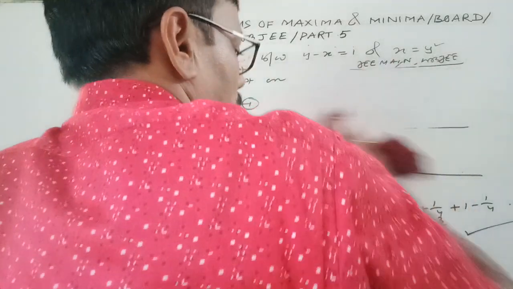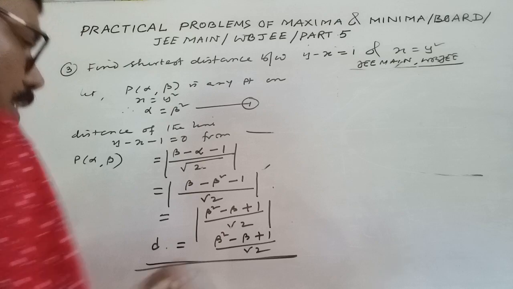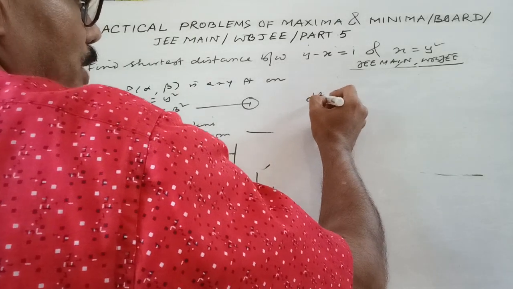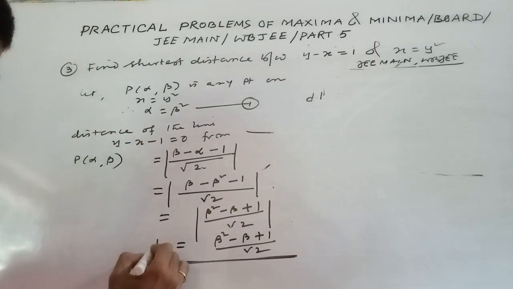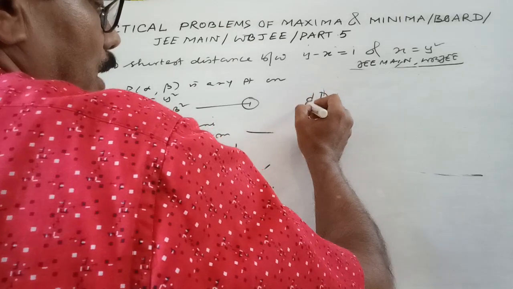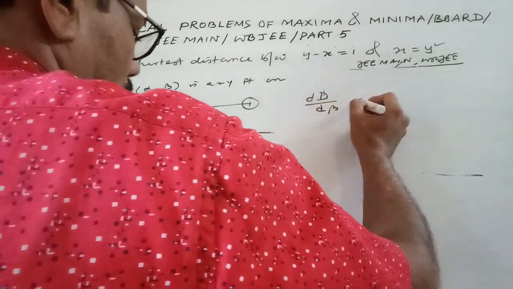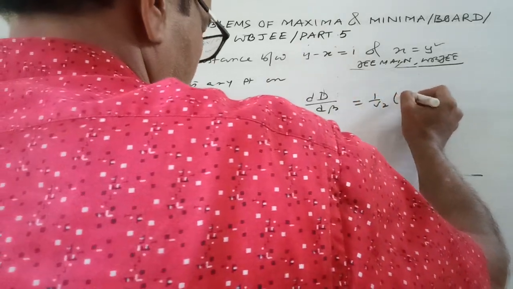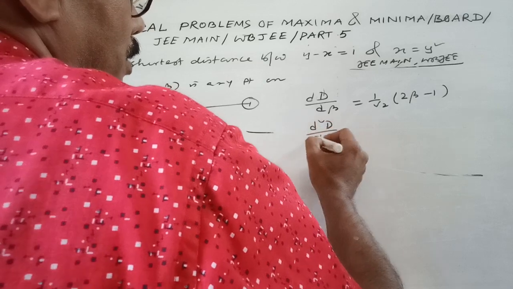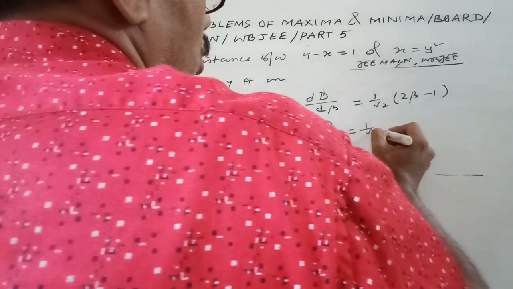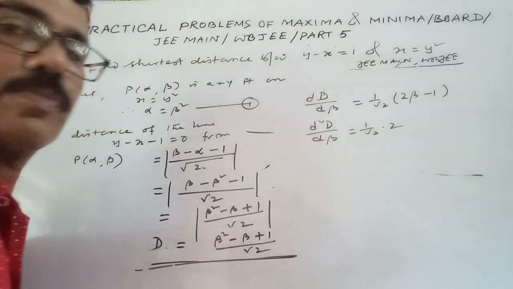Now find the first derivative. D of distance, call it capital D. D of capital D by d beta equals to 1 by root 2 into 2 beta minus 1, and d square D by d beta square equals 1 by root 2 into 2.